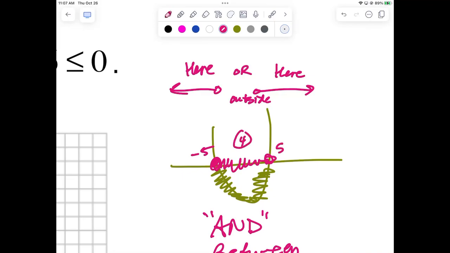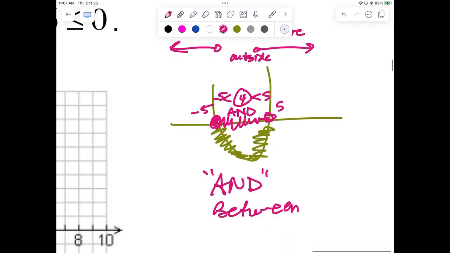You pick a 4 right there. 4 is greater than -5, and it's less than 5 at the same time. It can be both at the same time. It's in between them, okay? That's what the and case means.